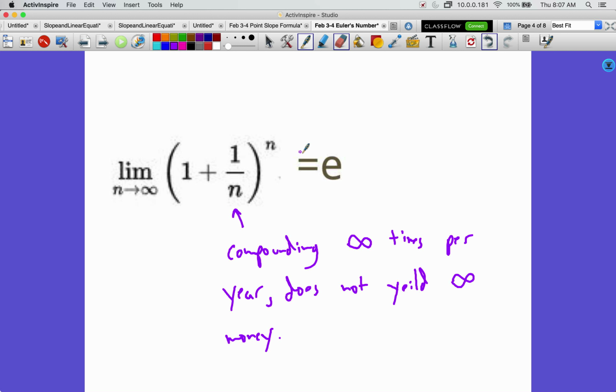It is better than compounding less frequently, but it does have a limit, and that limit for a 100% investment is e. And then we can use e to scale investments of any other percentages.